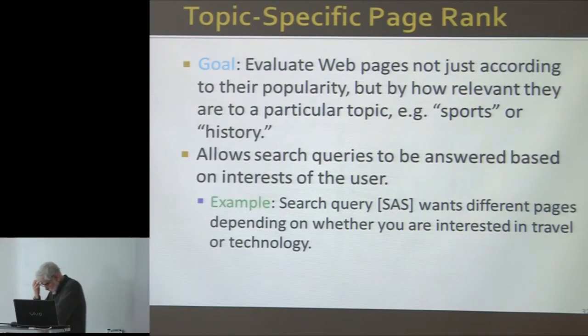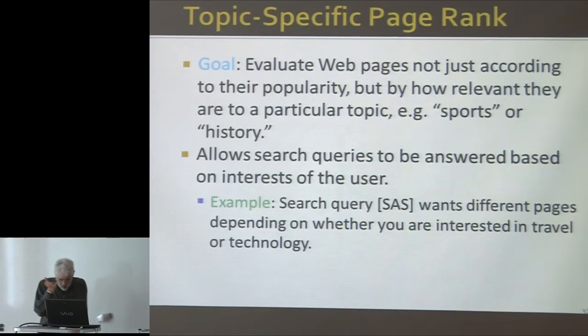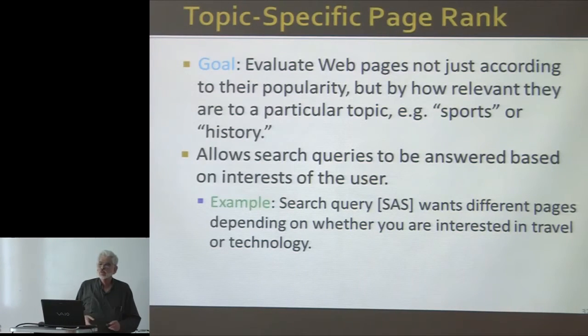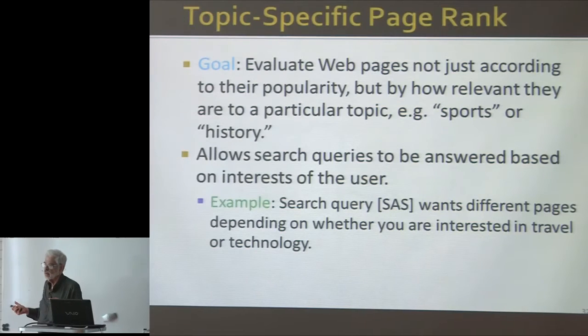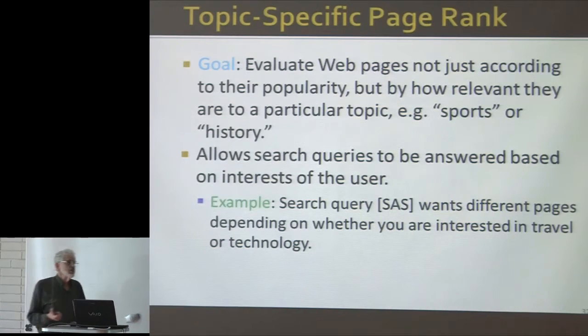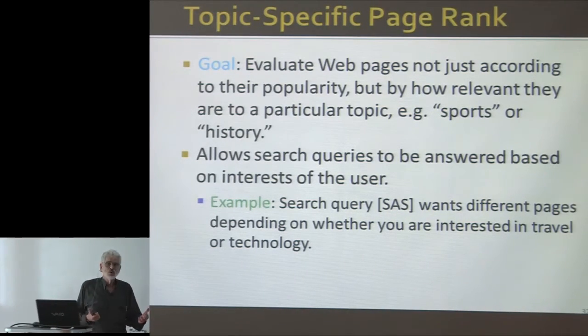Okay, now the next improvement in this idea was what's called topic-specific PageRank. In other words, PageRank works on the assumption that any page is in principle equally likely to be of interest to you. But suppose you know I'm the kind of person who's really only interested in sports. So if I issue a query like Jaguar, I'm probably interested in some team named the Jaguars.